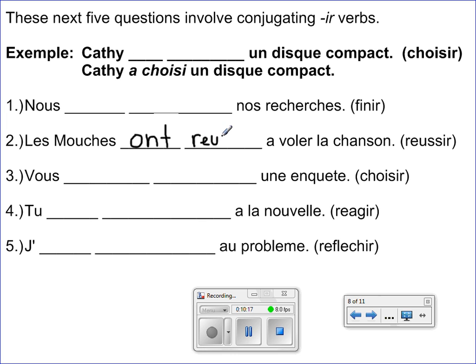So I'm going to rewrite the verb, except I'm going to drop those last two letters and replace them with an i. Okay, put the video on pause and try out the remaining four questions.